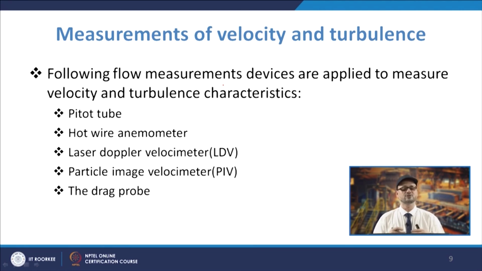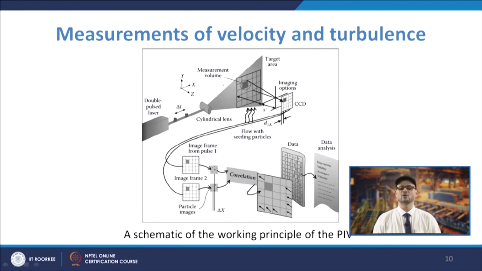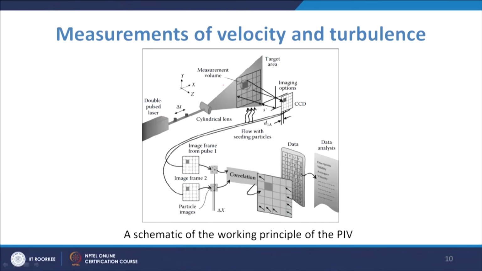Then there is the drag probe. These are the different ways by which you measure the velocity and the flow profile. This is how a velocity and turbulence PIV setup looks, and in that case you find the velocity profiles inside the vessel.